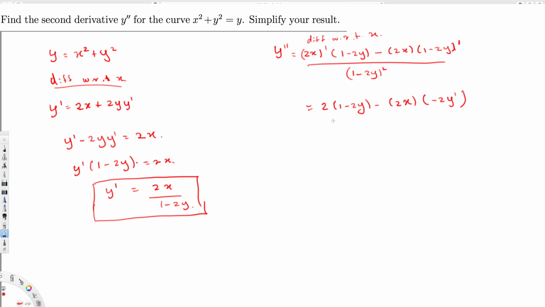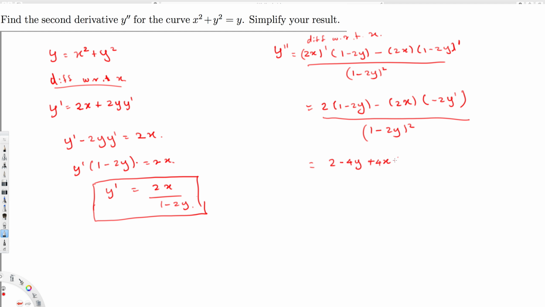So this is how we find it. Then we can solve for this, with 1 minus 2y squared in the bottom. If I simplify this one, I will get 2 minus 4y, and here we have minus 2x times minus 2, which is going to be plus 4x. I took this minus 2 and multiplied it by this minus 2x, and it became plus 4x.